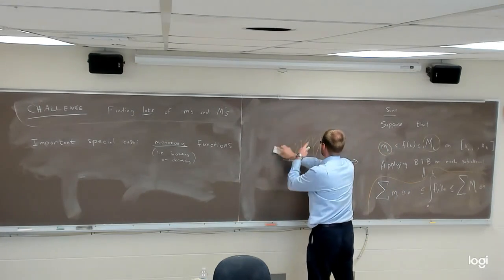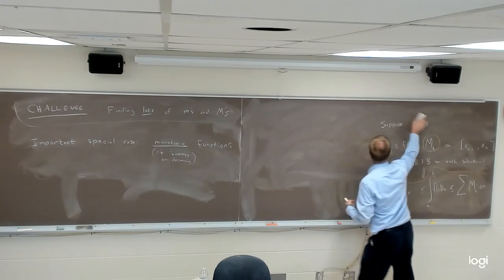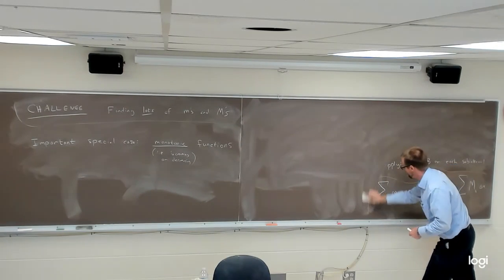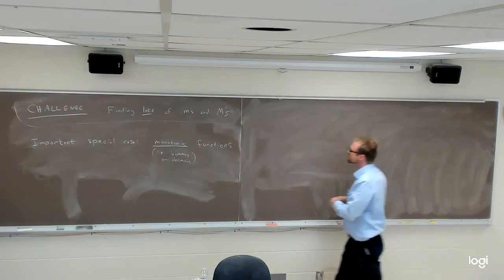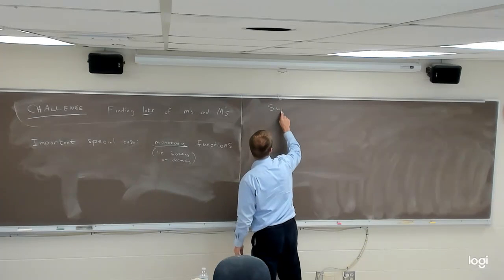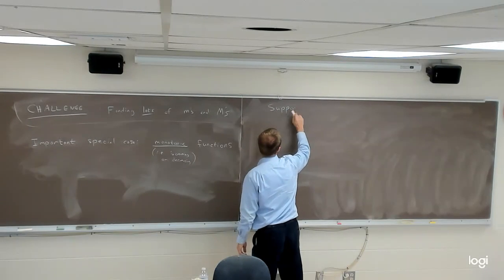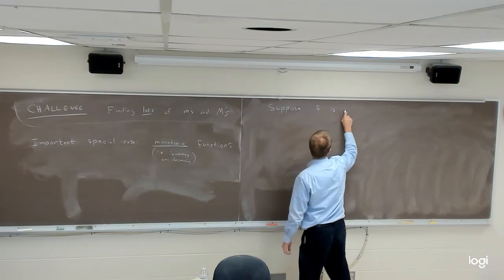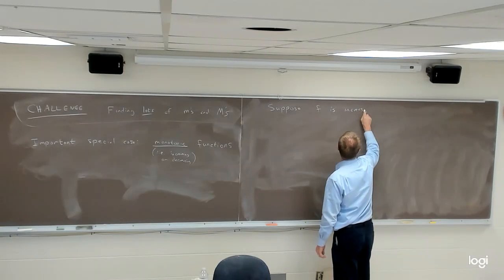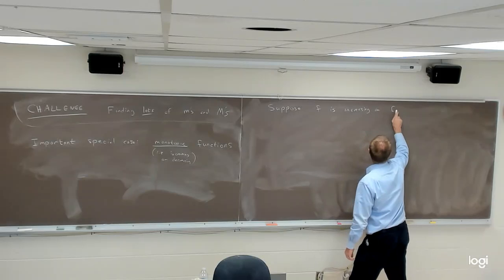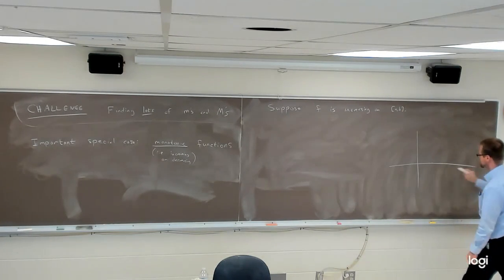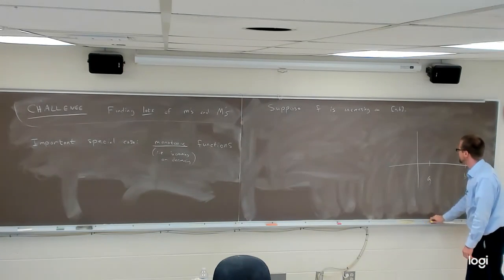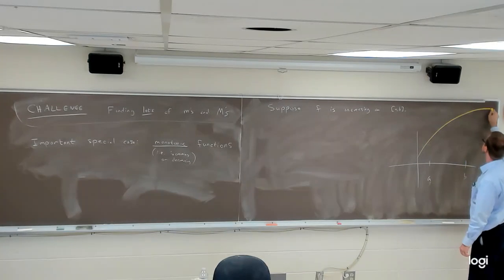So let's think about this picture in the particular case where my function is just climbing the whole way. Suppose f is increasing on [a, b]. All right, so redraw the picture so that now I'm just looking at functions that do something like this.